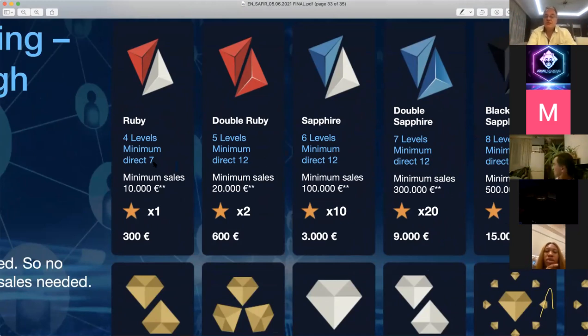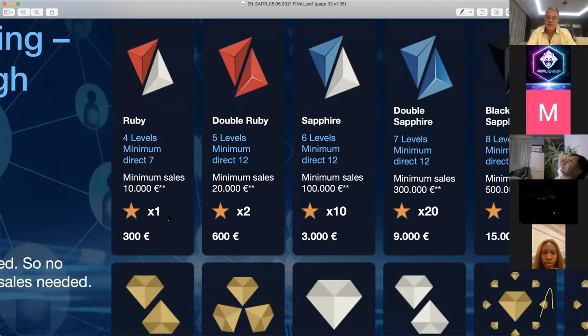You need to have 7 directly referred persons with a minimum 100 euro package, and a total accumulated sales volume of 10,000. That gives you a bonus incentive of 300 euro. Several people have already received this rank, and they do it quite fast because all the sales volume is accumulated. It also gives you something called pool share points.